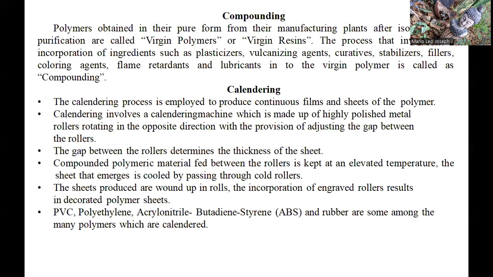Now, to this polymer you add color or other agents like stabilizing agents, curatives, stabilizers, flame retardants, plasticizers, and lubricants. When you add these to the virgin polymer, this process we call compounding.